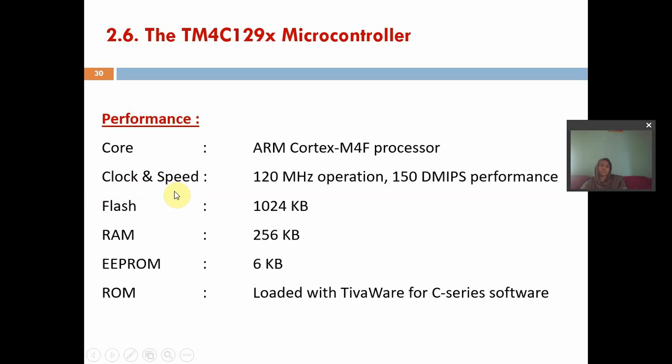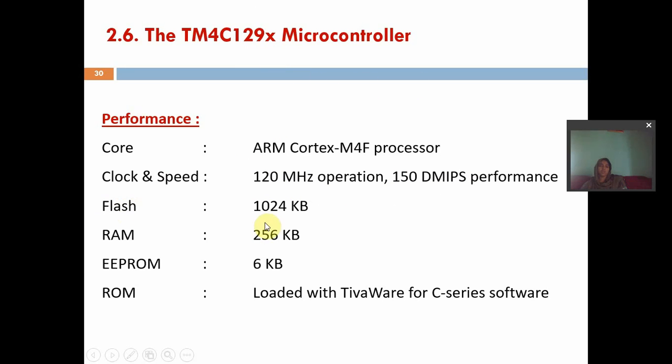So the clock and speed, in 123 it uses 120 megahertz operation, whereas in 123 we have 80 megahertz clock. In 129 the clock speed is more, that is 120 megahertz operation and 150 DMIPS Dhrystone, 120 million instructions per second in 129 microcontroller.